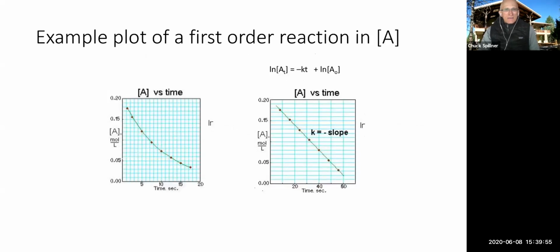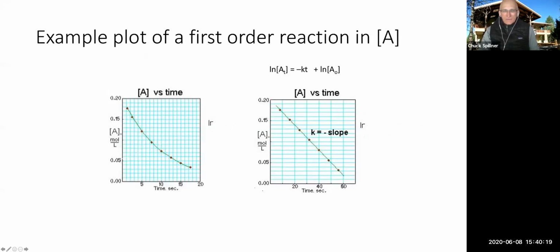So here's an example of this plot, an example of a first order reaction in A. On the left side, we just plotted A, the concentration of A versus time, and it's not straight, it's a curved line. If we take the log of A and then plot it versus time, we get a straight line. And K is equal to minus the slope.